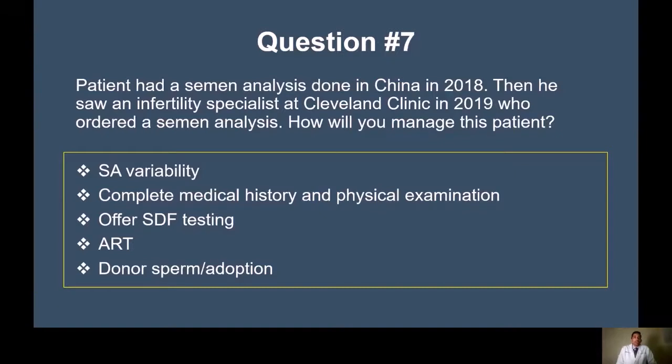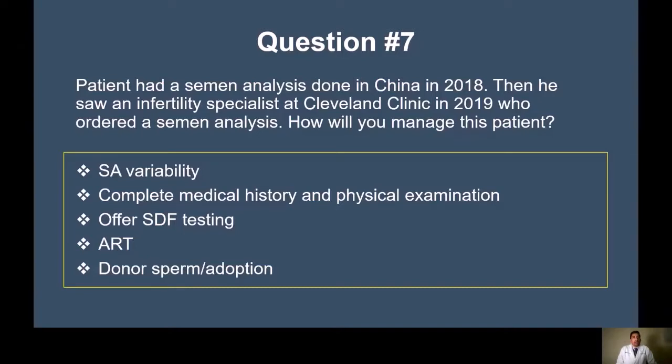So, as you may have already gathered from the previous lectures, there's significant inter and intra-observer variability when it comes to not only morphology, but the semen analysis. So that is why we find it very important to repeat the semen analysis for any patient that comes to our clinic, and we like to separate it by approximately 1 month if possible.